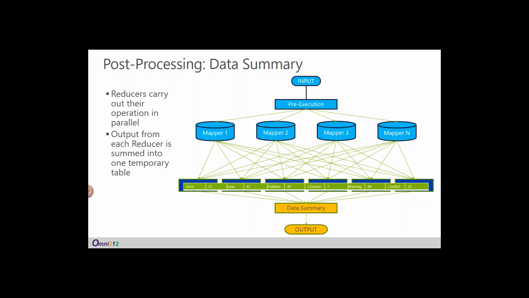The temporary table is sent to the desired output stream format, where you can apply a statistical model to the results, or generate graphs or charts, or pipe the results into other MapReduce programs.